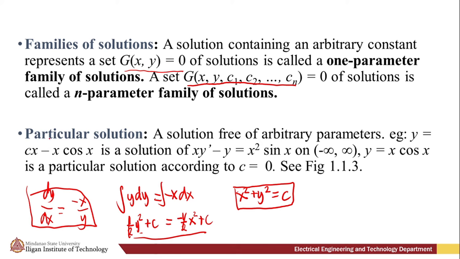A particular solution is a solution that is free of arbitrary parameters. It means it no longer has the arbitrary constant c. Like in the previous example, the implicit solution x squared plus y squared equals 25 is a particular solution for this differential equation.